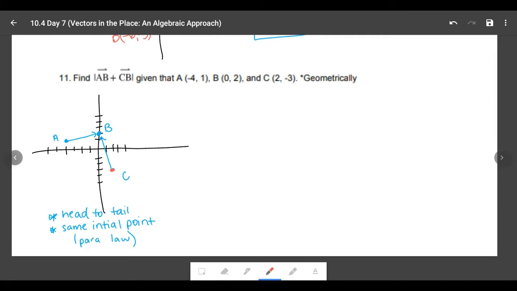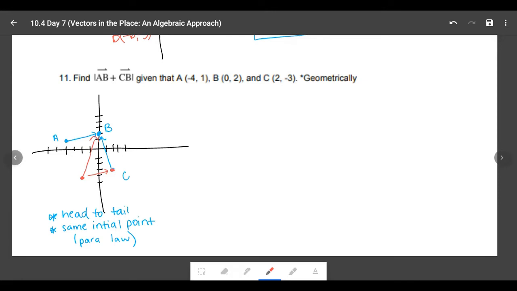So at point C, I'm going to go down 1 and to the left 4. And so I have now moved my vector AB. And remember the reason that we did that is so now that these two vectors are head to tail, we can add them. And their addition is going to be that new vector there.